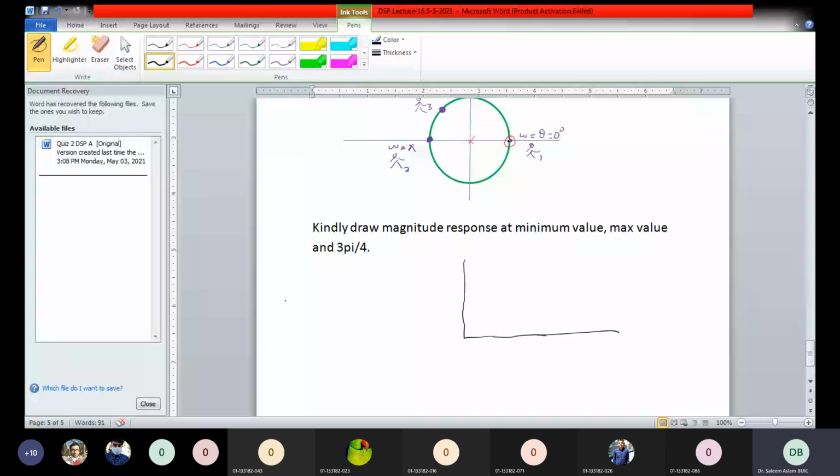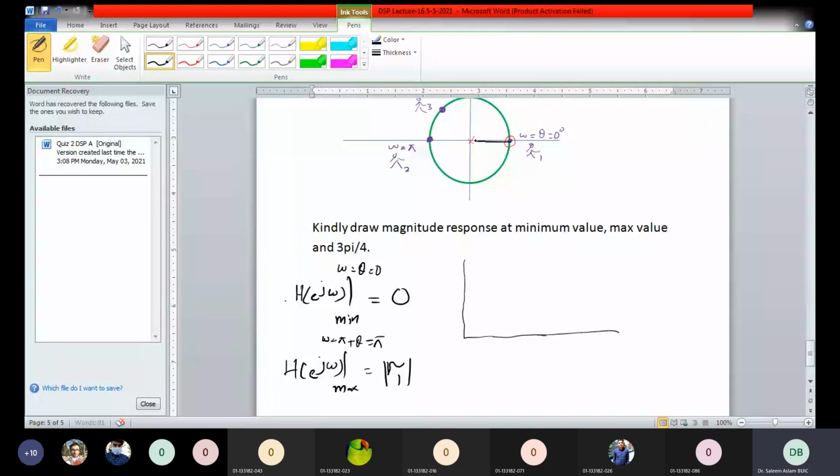Let me draw here minimum value, H2 raised to j omega min, that is omega is equal to theta equal to 0 degree, and that is 0. Its maximum value H2 is for j omega max, and that is omega is equal to pi, theta equal to pi, and that is, let's take its R1 mod. मैं R1 draw कर रहा हूँ. अब देखें गौर से location of 0 to the point where we are interested to find the frequency.